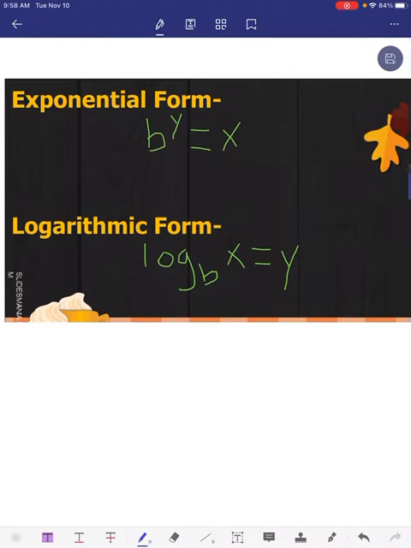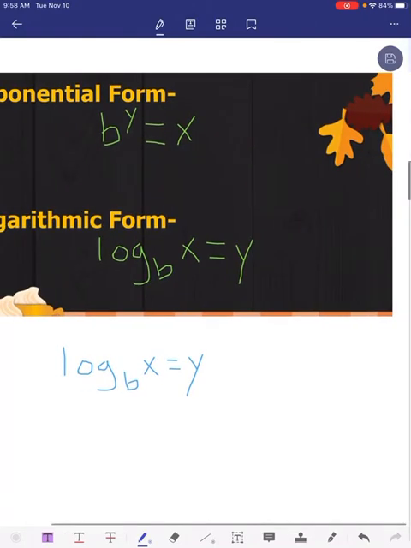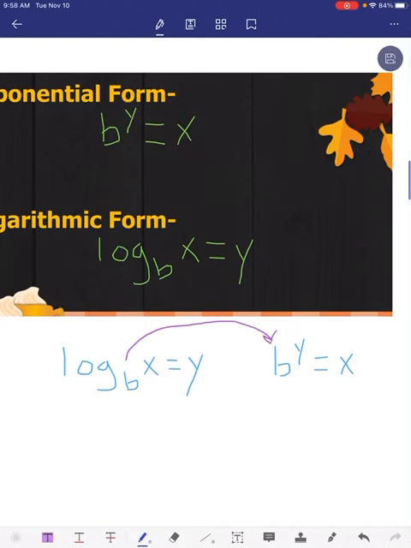So notice my base stays the same. It's going to be the base of my exponent, okay? My y is going to become my new exponent, and then my x is going to be moved to the other side.